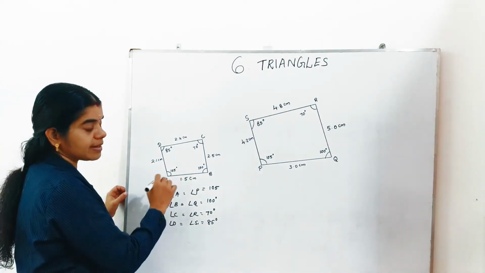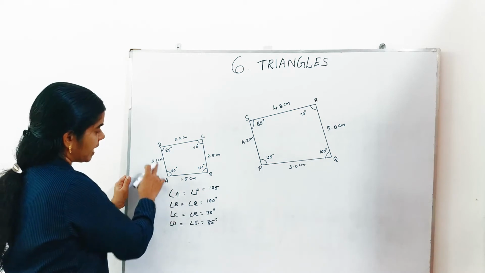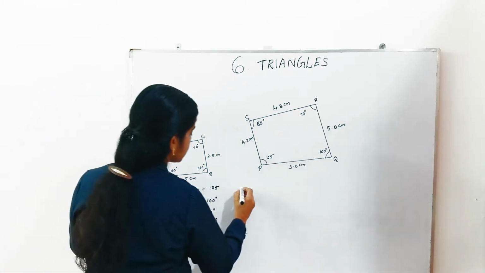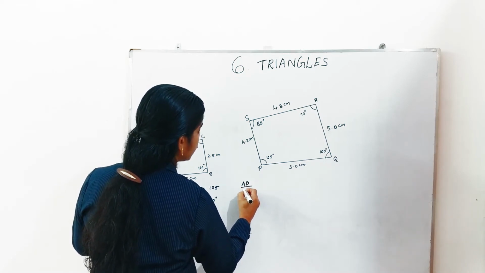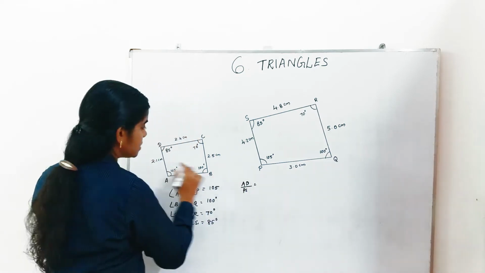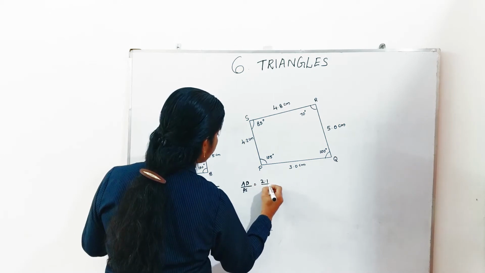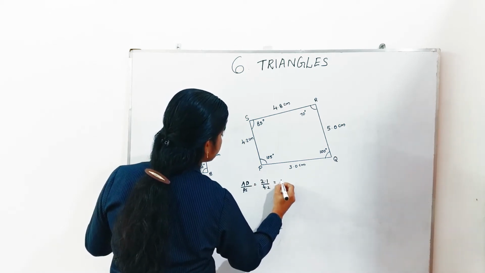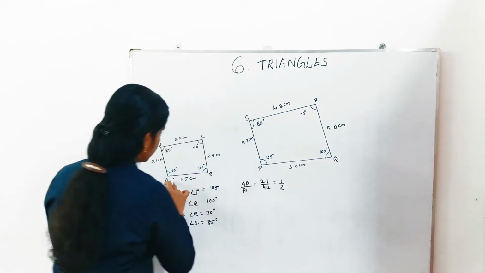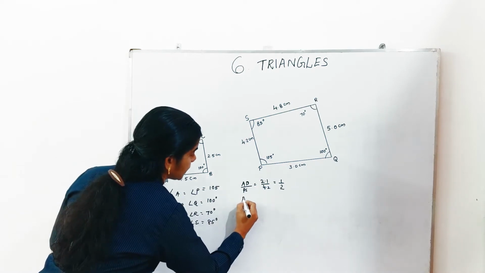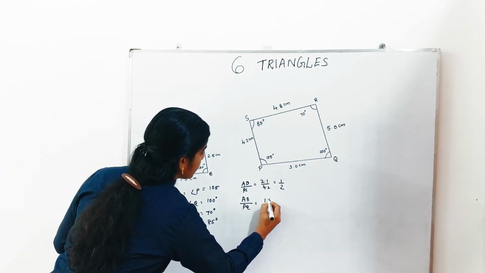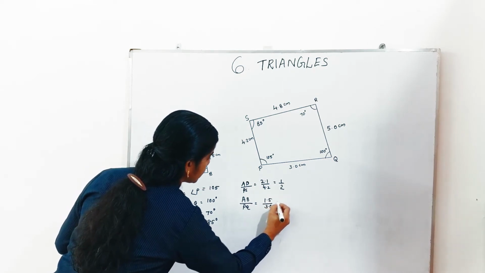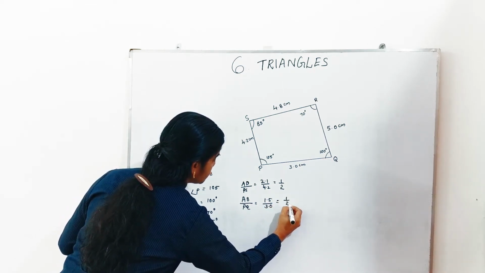Then we look at the ratio of the corresponding sides. I am taking AD first. AD by PS is 2.1 by 4.2, that is equal to 1 by 2. Then AB by PQ is 1.5 by 3.0, that is also 1 by 2.